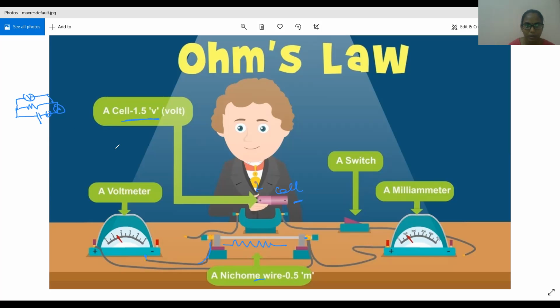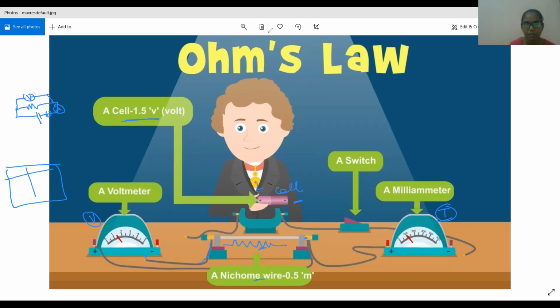When you connect all the parts like this, now you adjust the resistance and see the voltage. We note down the voltage here, and the current in the milliammeter. Like this we note down the current and the voltage by changing the resistance of the wires. So we can draw the graph: for a given voltage, what is the current, and for a given current, what is the voltage.